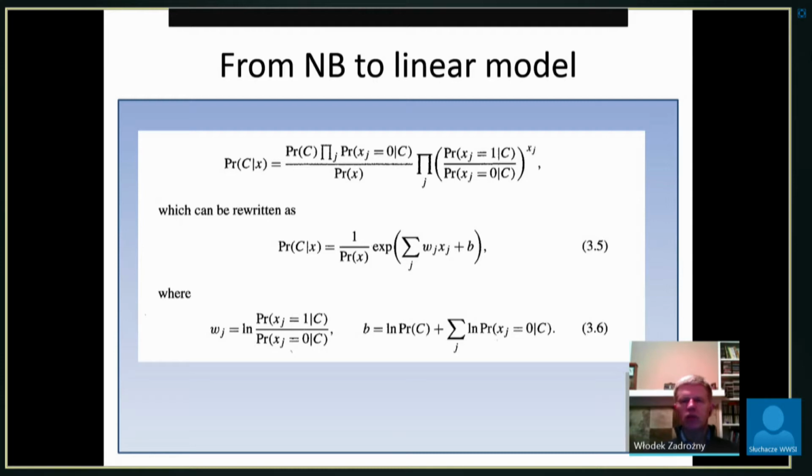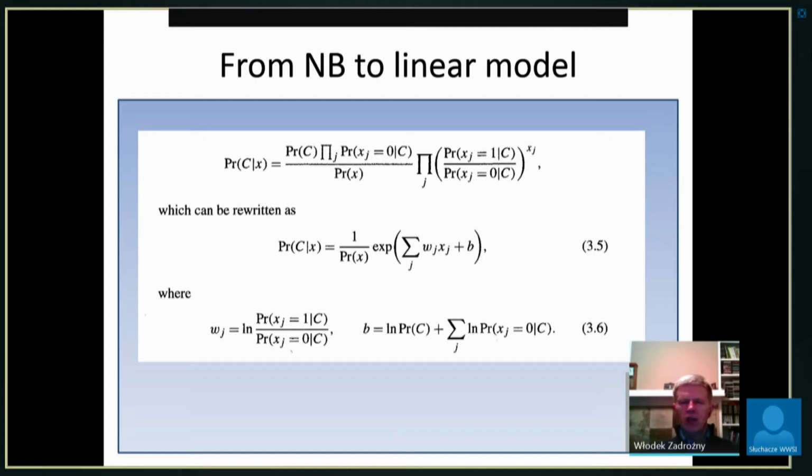Here we assume that it's a binary classification. If we do that, then we can apply the logarithm formula to the right-hand side, except for the probability of the document, which we take at the beginning of the expression.